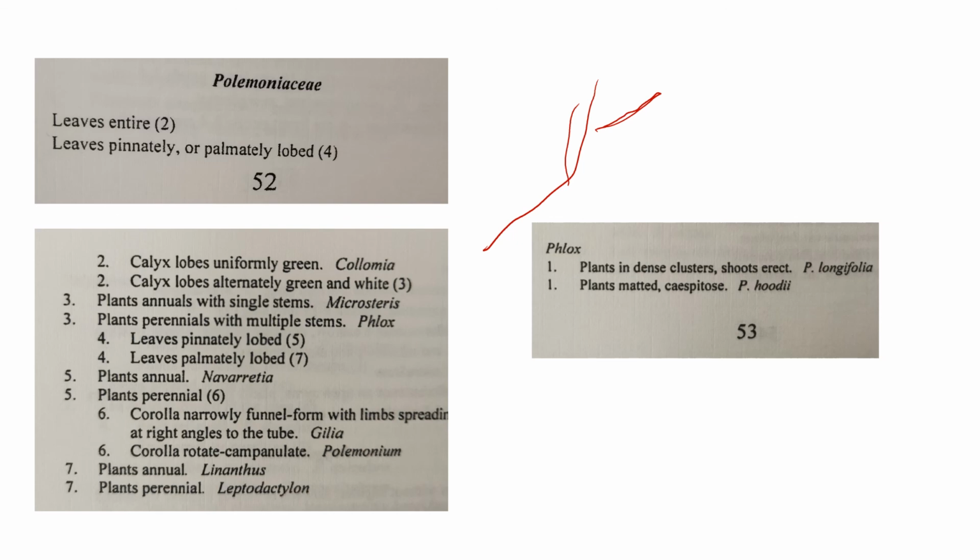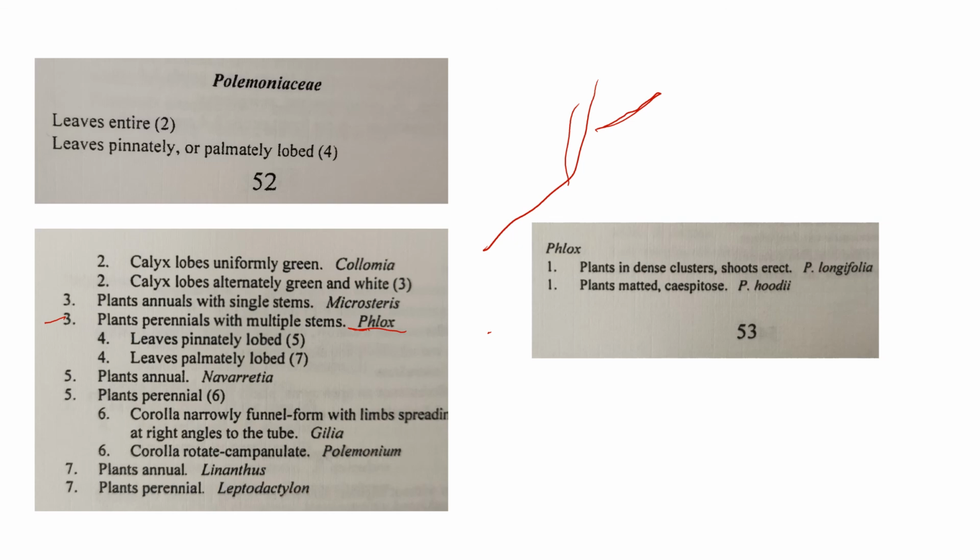Those were not. 2 calyx lobes alternately green and white. That is the case. So we've now moved on to plants annuals with single stems. They were not annuals and they had multiple stems. So we've moved on to plants perennials with multiple stems. So we have found phlox as our genus.